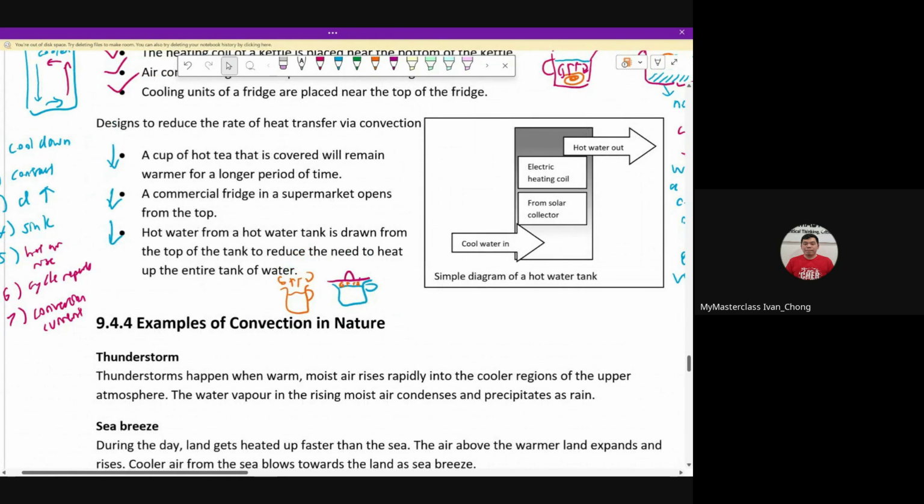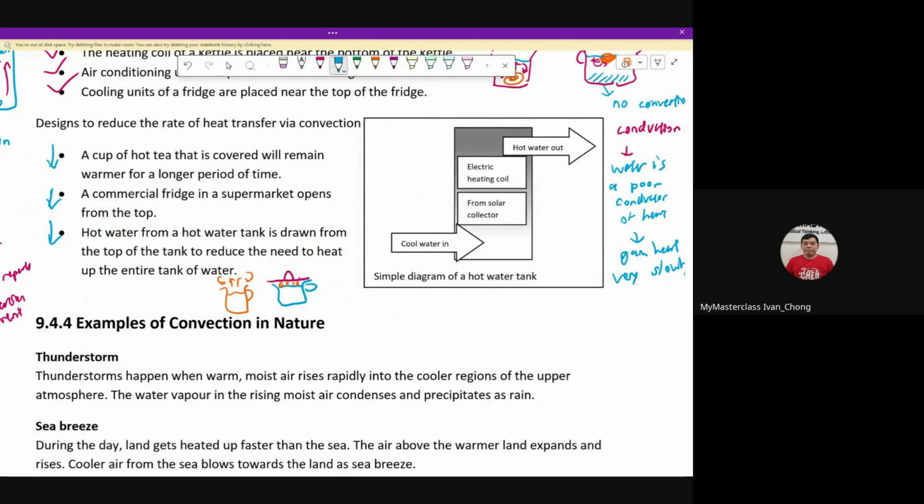And if you notice your fridge in your supermarket, sometimes they actually open from the top. So your ice cream drawer itself, they can actually move down. So inside you have all your ice cream down here, right? The thing is, cold air sinks, which means the outside air, which is hot, won't go in because hot air will rise. So you can actually leave your ice cream compartment open, you don't need to close it.